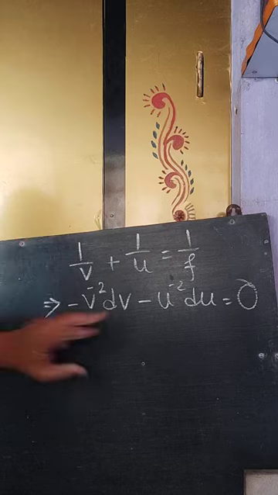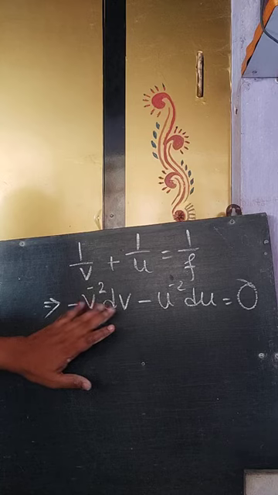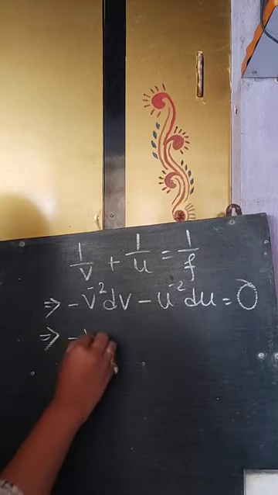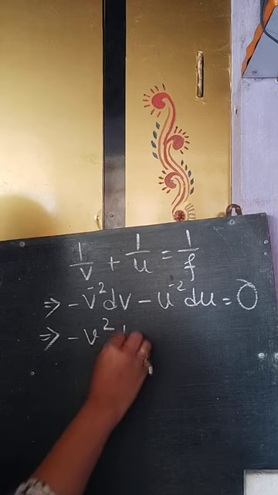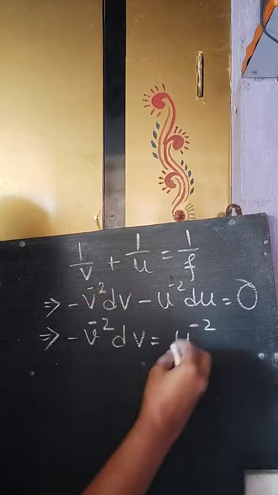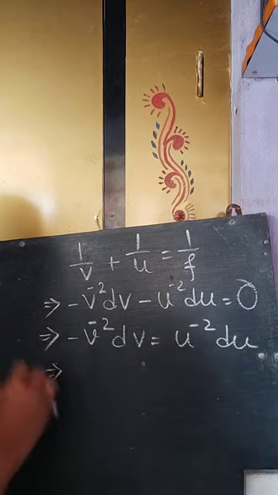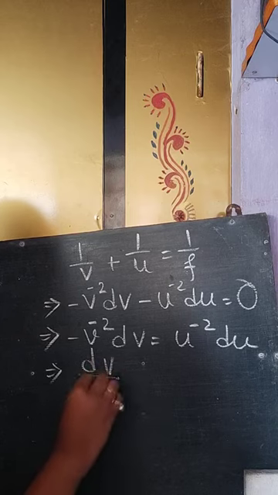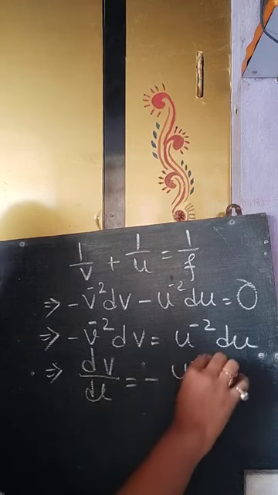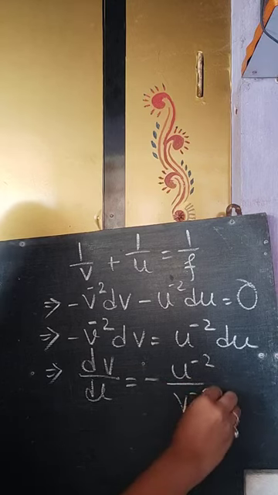Differentiation of V with respect to U. So from here, I can write dV by dU equals minus U to the power minus 2 by V to the power minus 2.